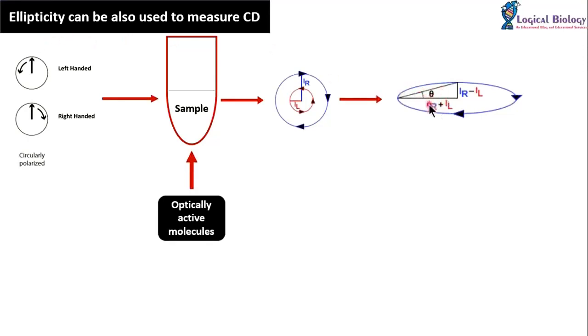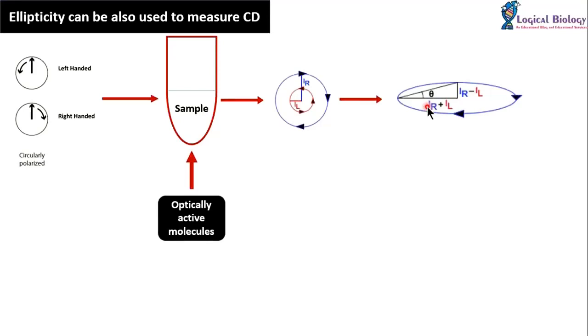So theta can be measured as circular dichroism. How? If there is more difference in the absorption of left-handed light and right-handed light, then there will be more value of theta, or you can say ellipticity will be more.